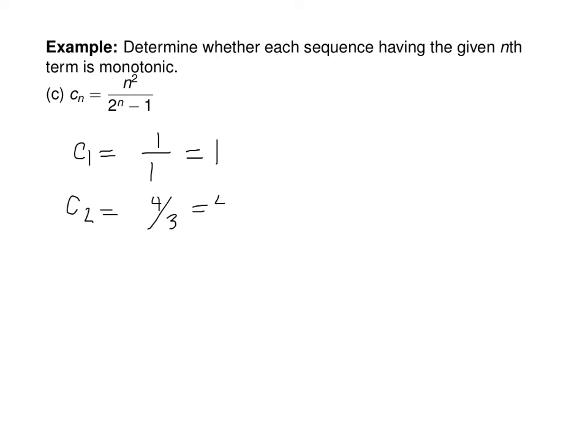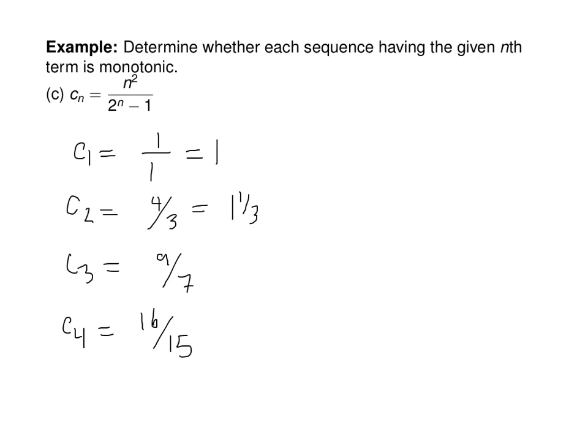So 1 and 1/3. And then C3 is equal to 9 over 7. C4 will be equal to 16 over, so 2 to the 4th is 16 minus 1 would be 15.